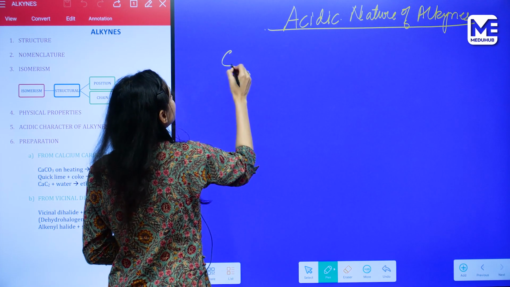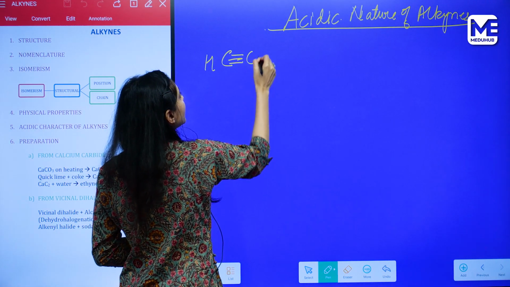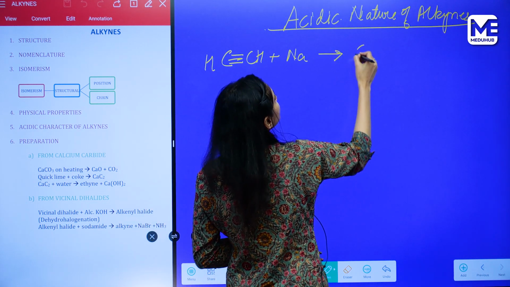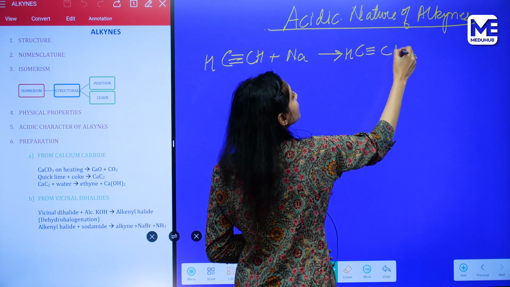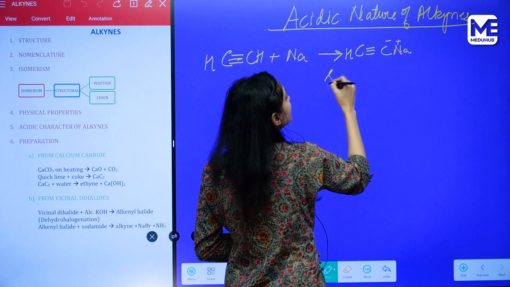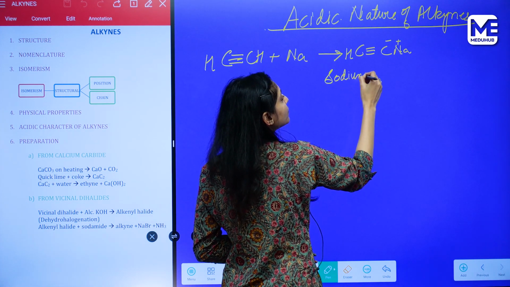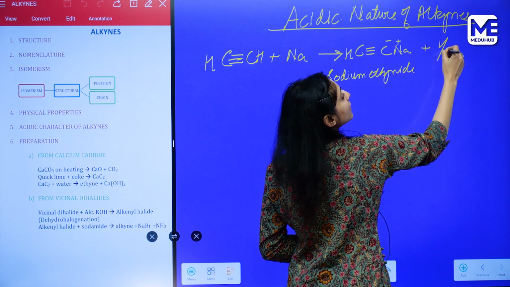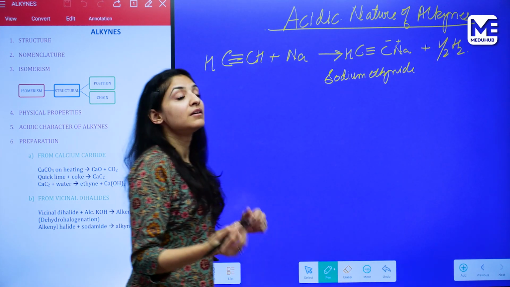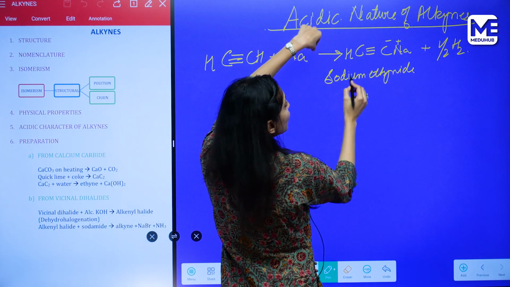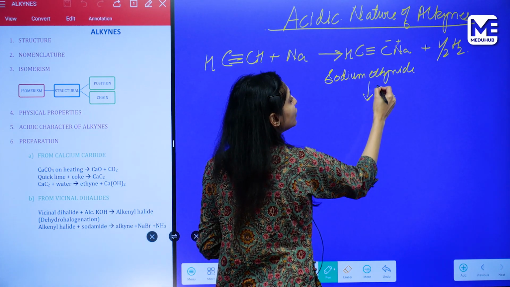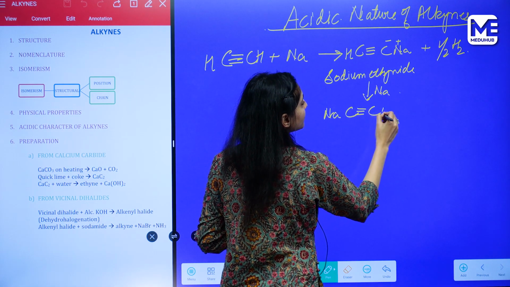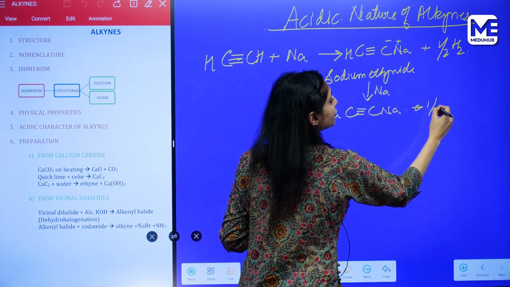It is seen that ethyne reacts with sodium to form sodium ethynide and gives H2 gas. Similarly, this monosodium ethynide reacts with another molecule of sodium to give disodium ethynide plus half H2.